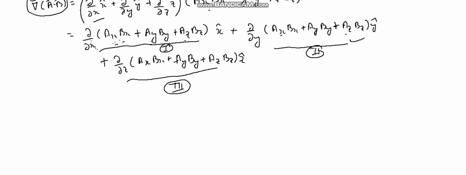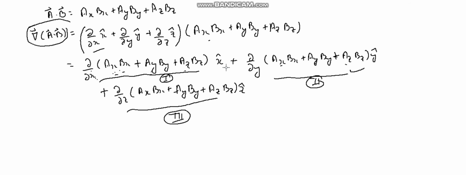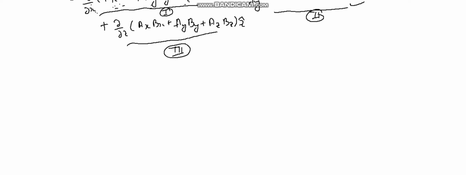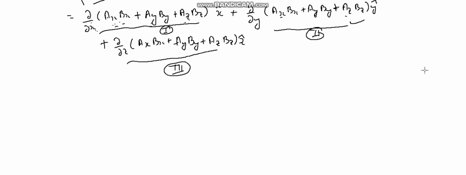Okay, so we have these three terms, first, second and third. So let me rewrite these terms. So first of all we write the first term. Before that, let me introduce a new symbol, which is del by del x.